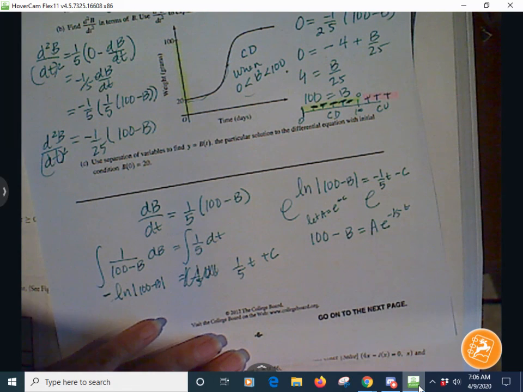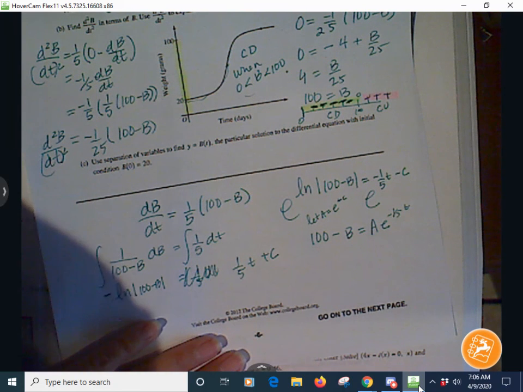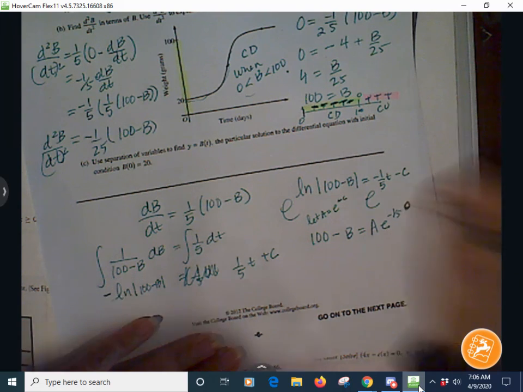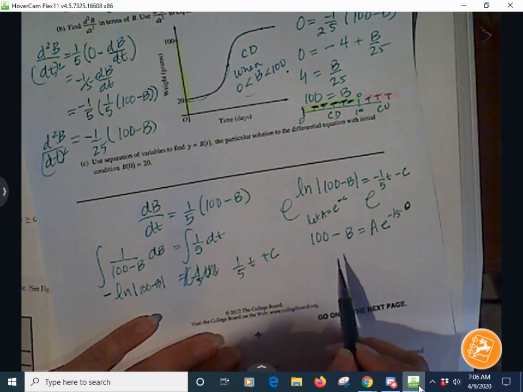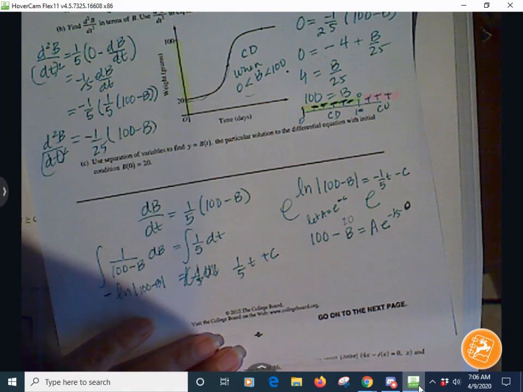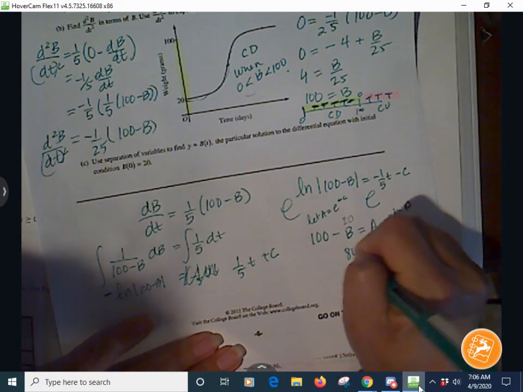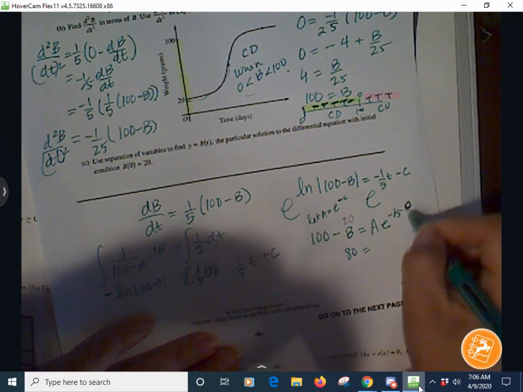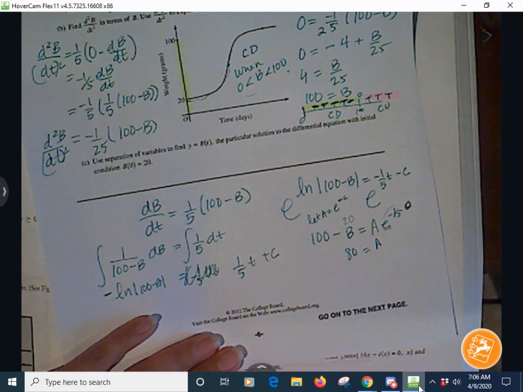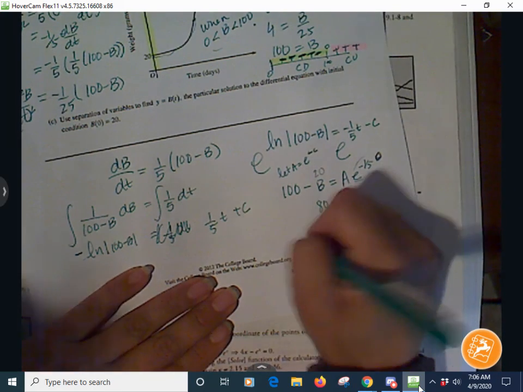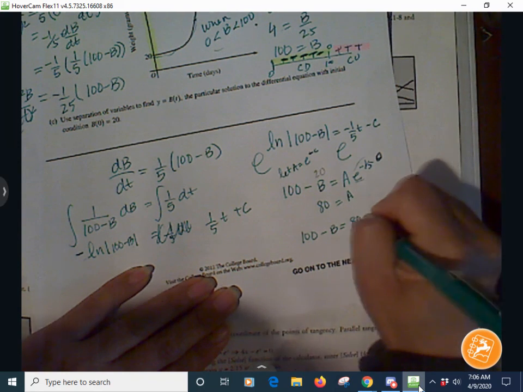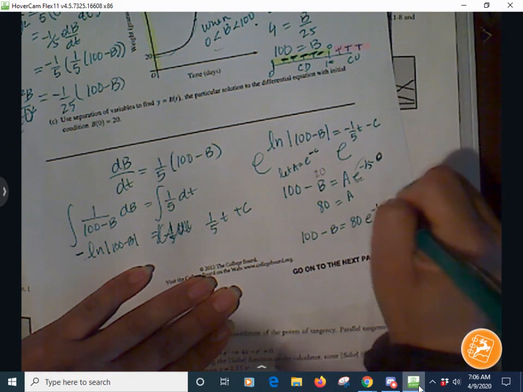Okay, so I think this will be easier to solve when I substitute values in. So when I put in 0 for t and I put in 20 for B, I'm going to end up with 80 is equal to A, since e to the 0 goes to 1. That's my A. And so then I have 100 minus B is equal to 80 e to the negative 1/5 t.